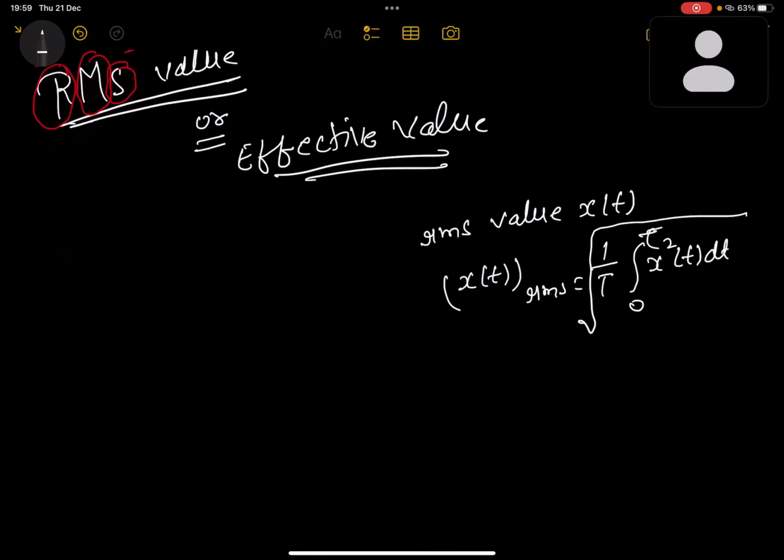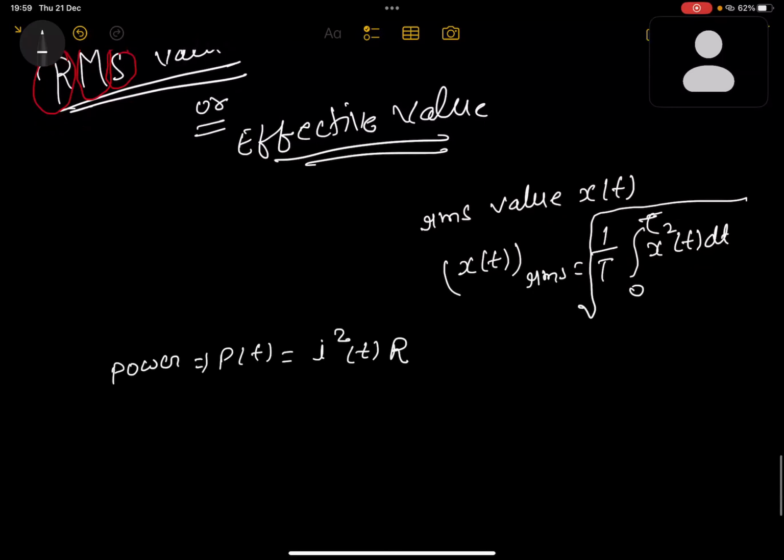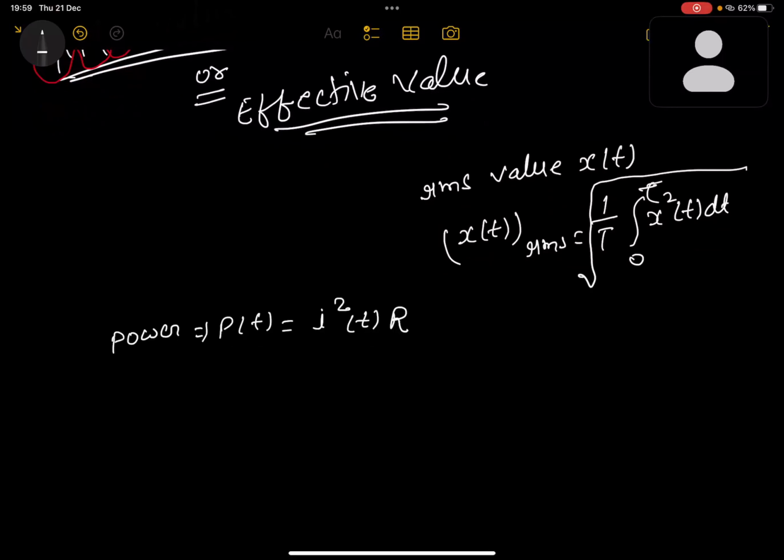So here we have to find the RMS value of power. You know power is p(t) equals i squared(t) into R. We have to find the RMS power.